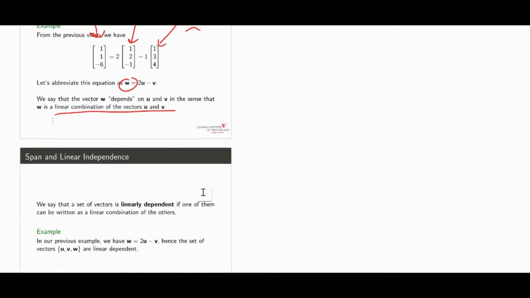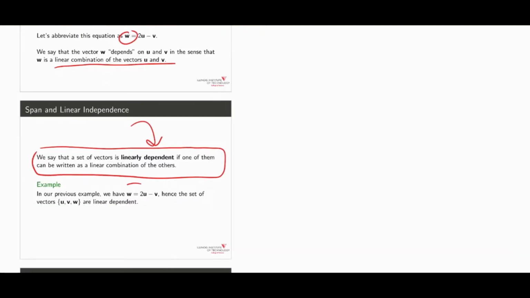So we want to make this concept slightly more precise. We say that a set of vectors is linearly dependent if one of them can be written as a linear combination of the others, okay? So because of this, this collection of vectors is now linearly dependent, because one of the vectors there can be written as a linear combination of the others.